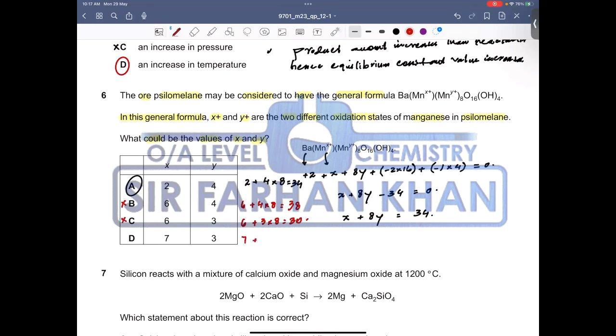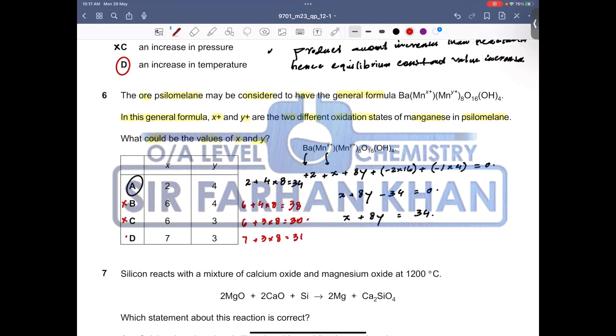Then 7 plus 3 times 8 is 31, so it's also incorrect. So guys, we need to check for the total of 34. Which option gives the 34 overall answer? So A is going to be the right answer because we are getting 34 from here.